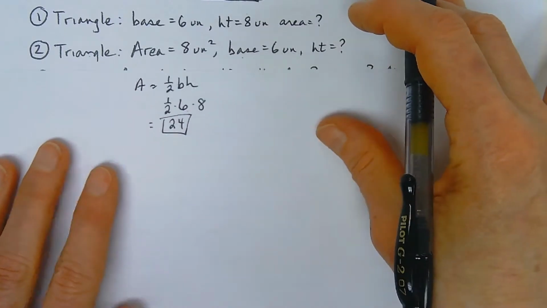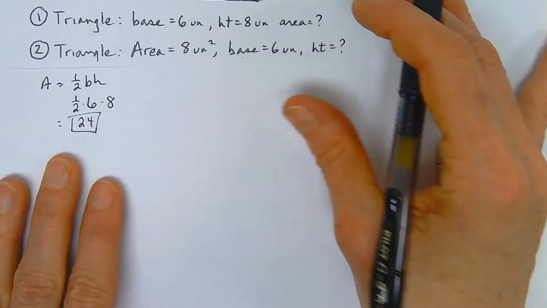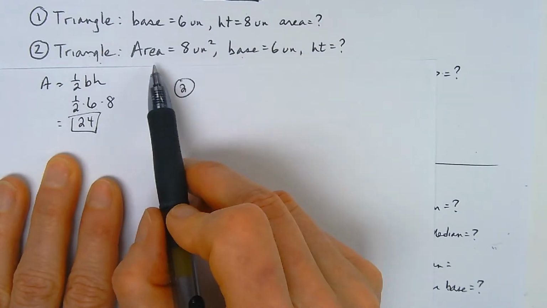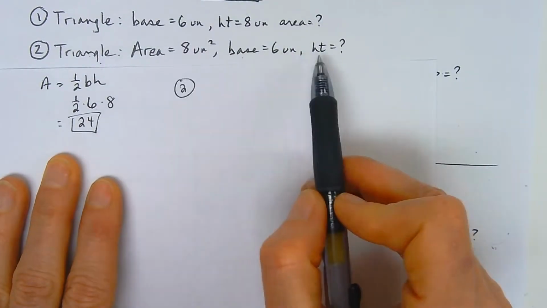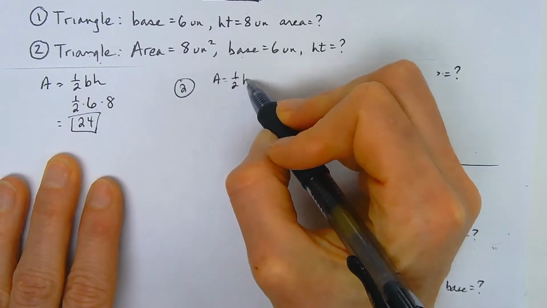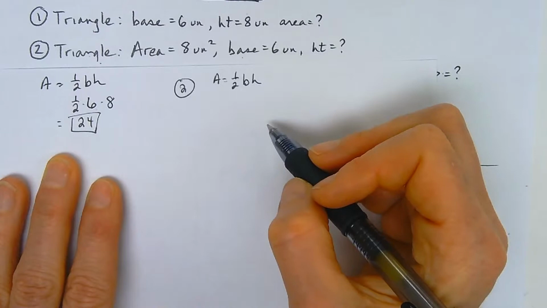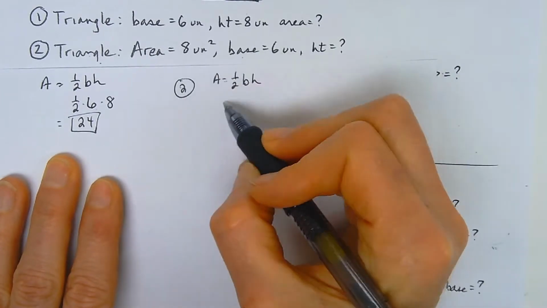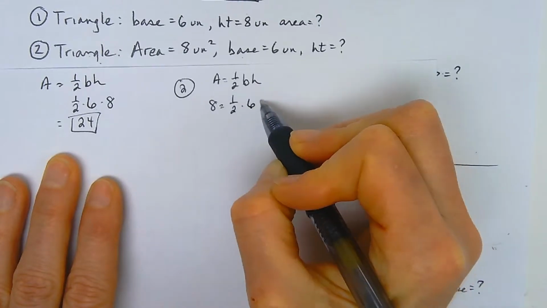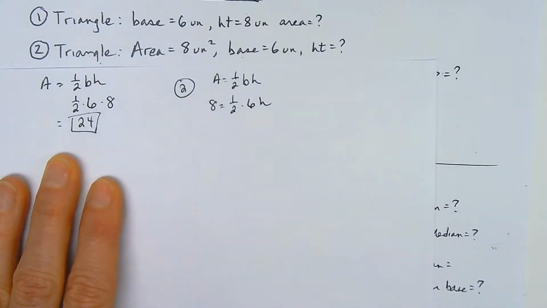Number 2. For number 2, with the triangle, we're already given the area, and we're asked to find the height. Again, area equals 1/2 base times height of a triangle. The area is 8, the base is 6, and we'll leave h for the height.